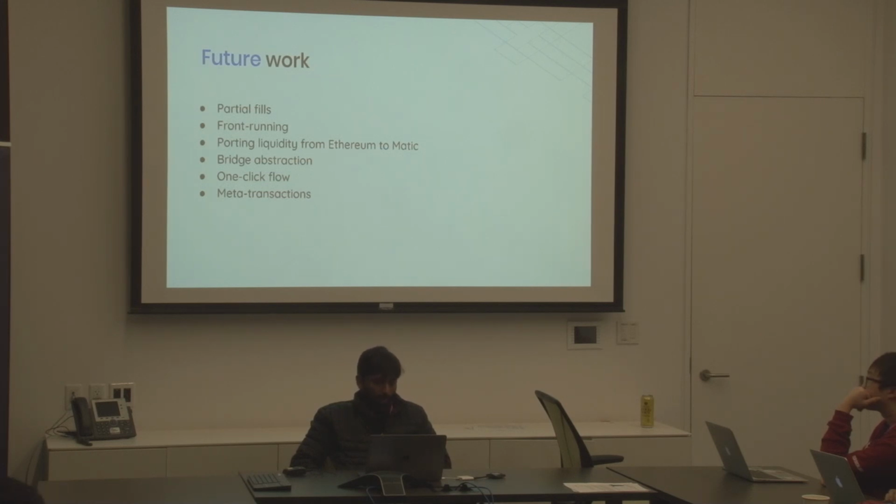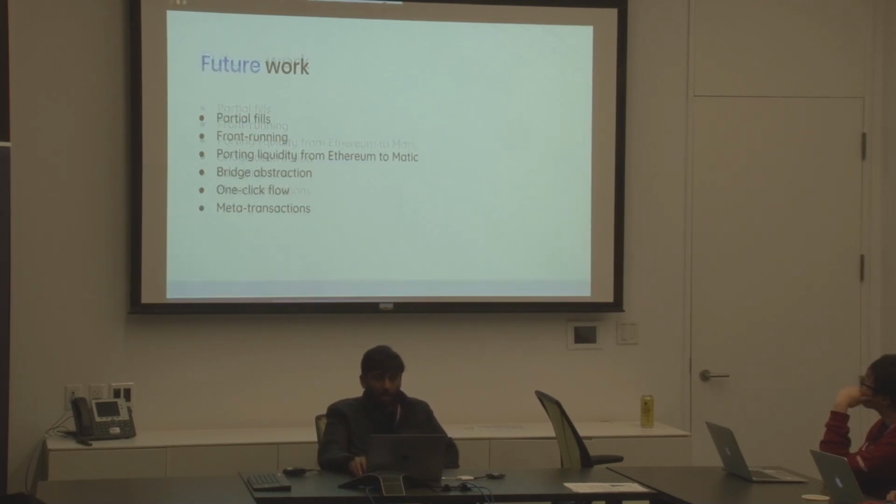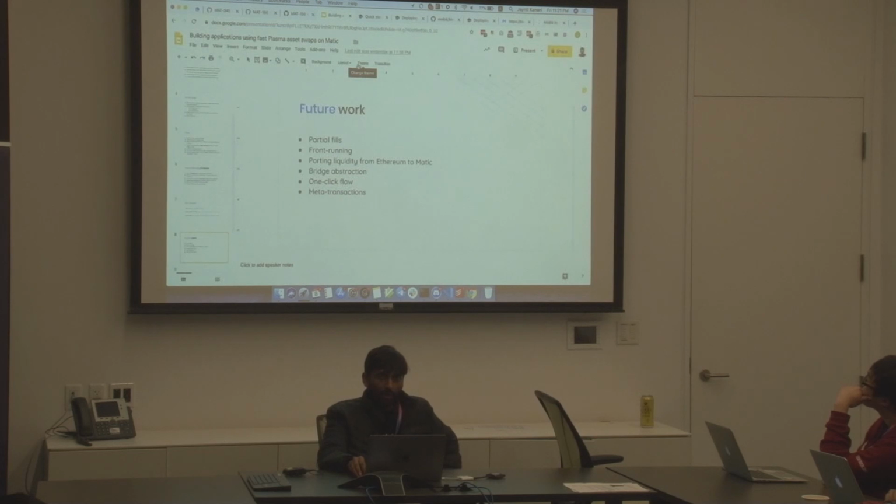We will also provide some kind of liquidity to avoid depositing from the Ethereum chain to the Matic chain. And we are working on multiple UX improvements like meta transactions, one click flow, etc. We are also working on widgets where you don't have to worry about the deposit and withdraw on the Matic chain. Yeah, that's it.